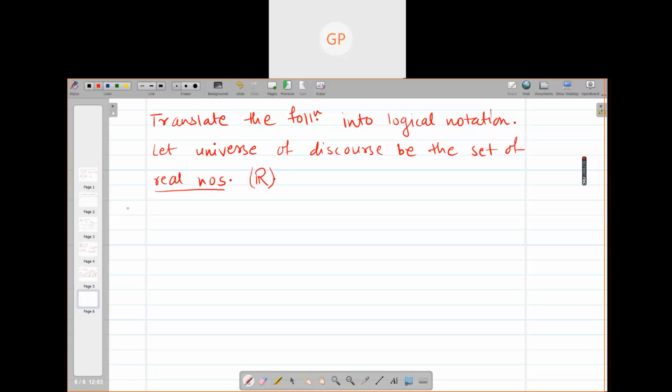Now the first one is, for any value of x, x square is non-negative. Why do we say non-negative?